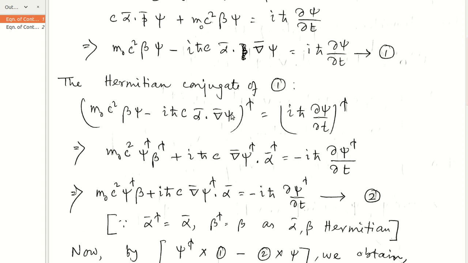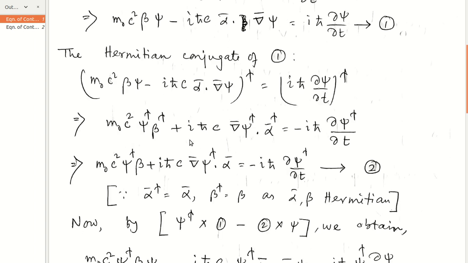Alpha dot grad psi under this dagger changes to grad psi dagger dot alpha dagger. These are all known things to you. And as alpha and beta matrices are Hermitian, beta dagger equals beta and alpha dagger equals alpha. So you obtain this equation, the Hermitian conjugate of equation 1. Be very careful in taking the conjugate of this one. You have to be alert, otherwise you may commit some mistake.